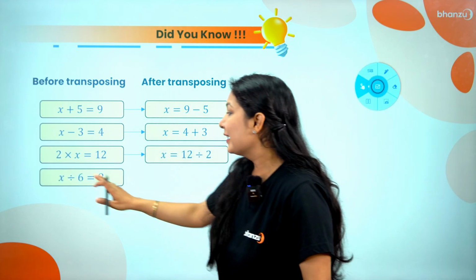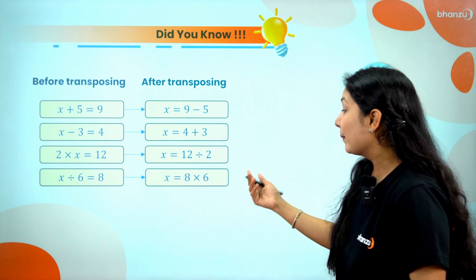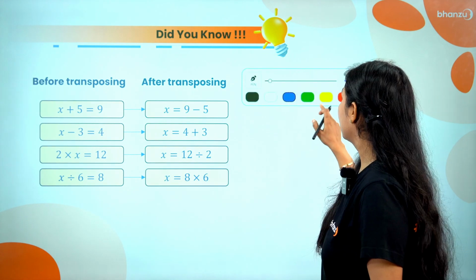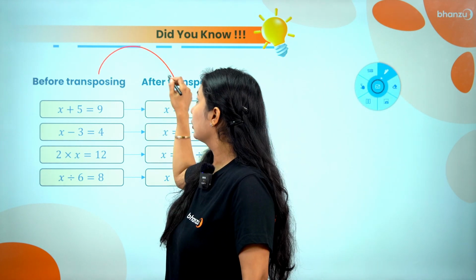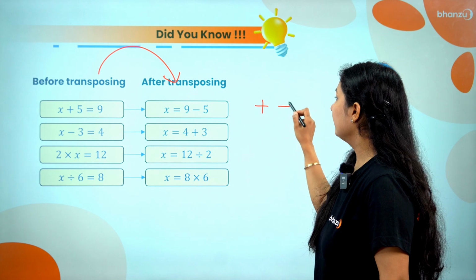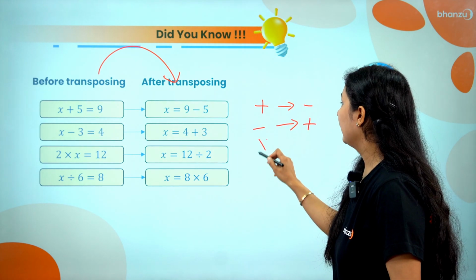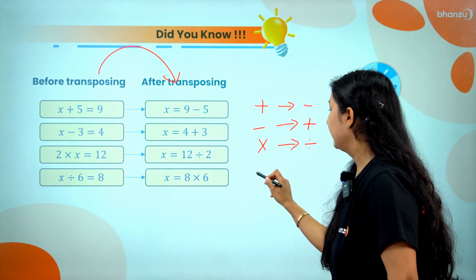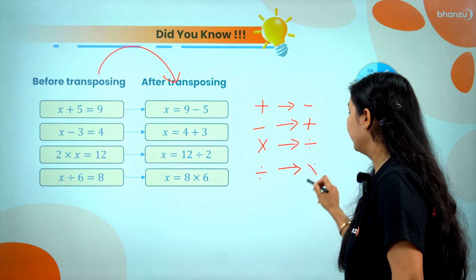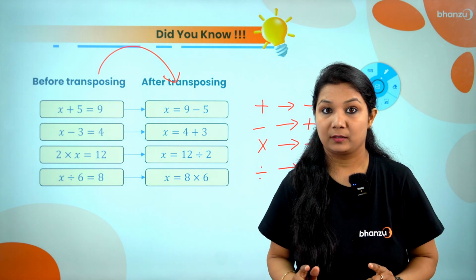And over here, divided by 6 becomes multiplied by 6, because whenever the side changes, the sign also changes, right? So what do we see? That plus becomes minus, minus becomes plus, multiply becomes divide, and divide becomes multiply.